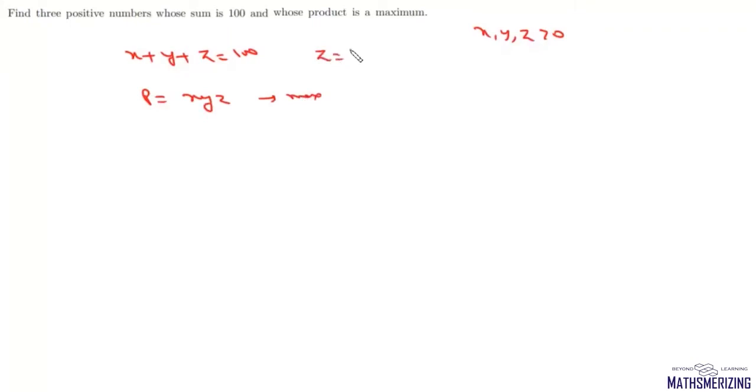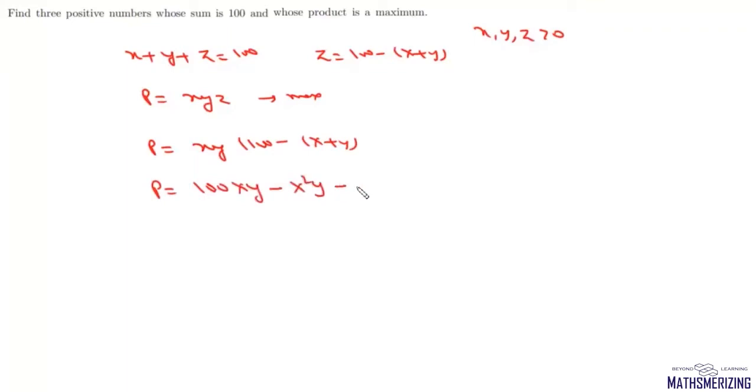So we can write z as 100 minus (x plus y). So we can write this P as xy into (100 minus x minus y). So this P will be 100xy minus x square y minus xy square. Now we need to find maxima for this function. So again we'll find its critical points.